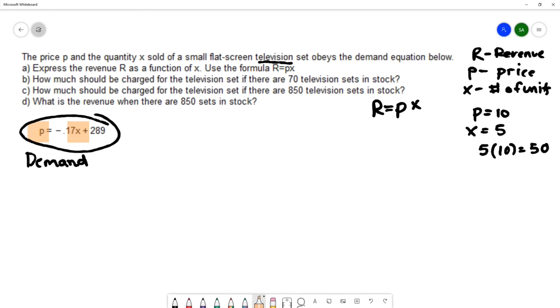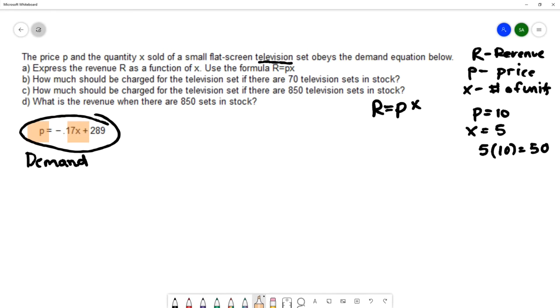The idea is that the number of items that you're selling might have an effect on the price that you sell it at. So if you have more of something, you might be willing to sell it at a lower price because you can still make a good bit of money. Consumers, if it has a lower price, might be more willing to buy it.